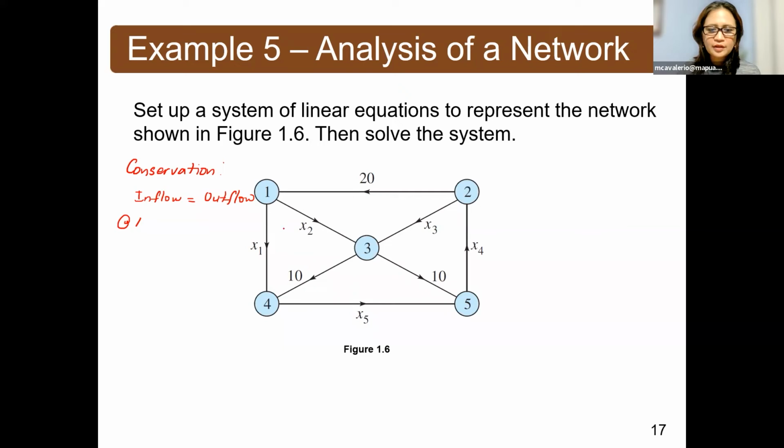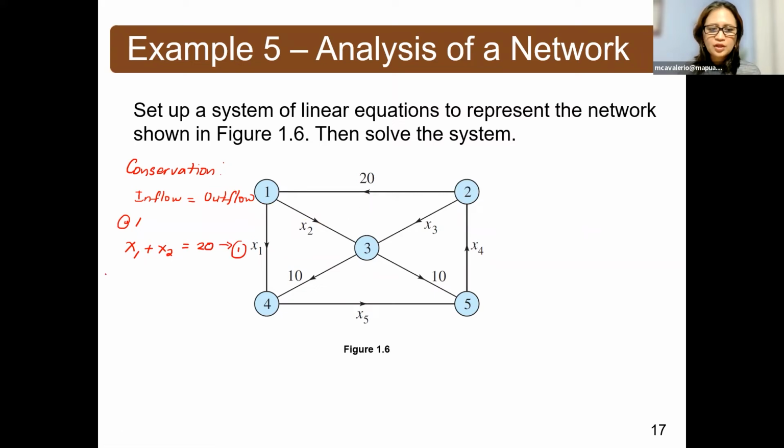We see here that the inflow is actually 20 and the outflow is given by x sub 1 and x sub 2. So we can write x sub 1 plus x sub 2 is equivalent to 20. Now let this be our first equation.